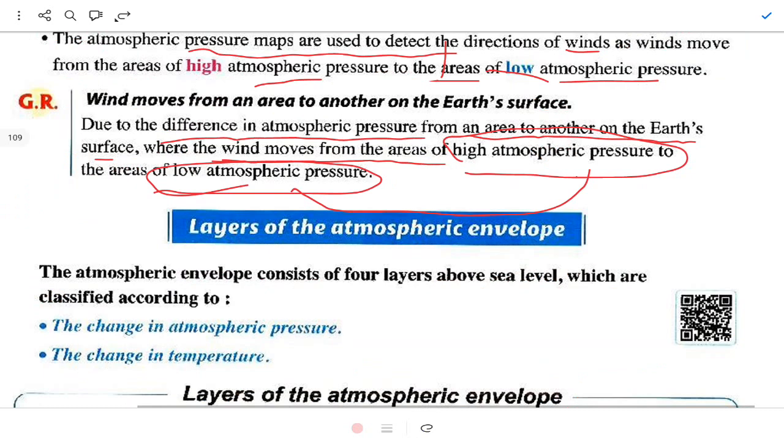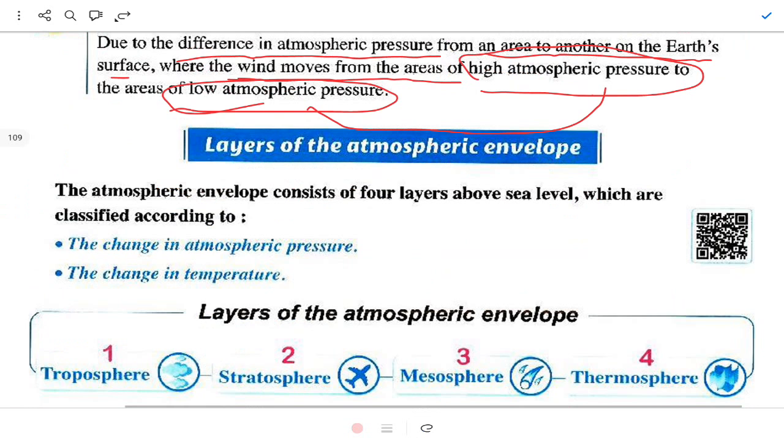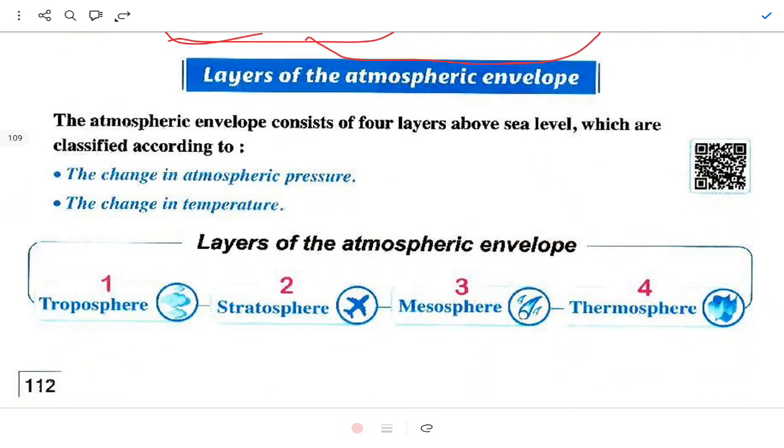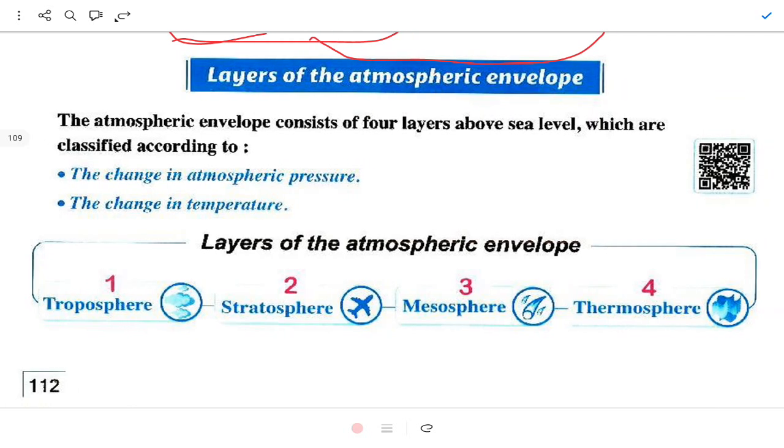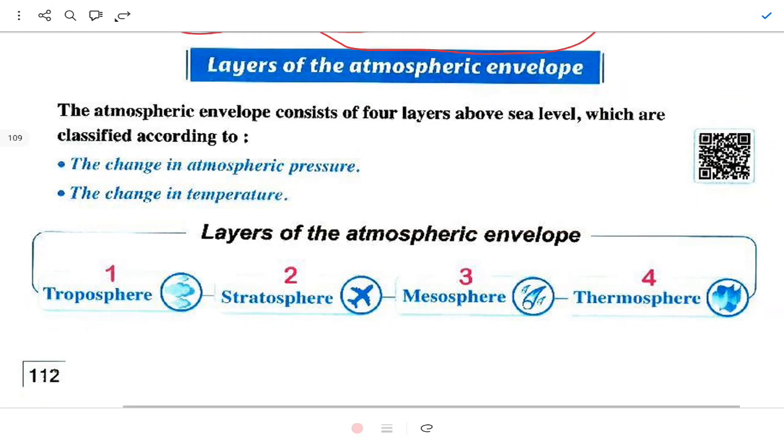And now let's move to an interesting point in our lesson: layers of the atmospheric envelope. The atmospheric envelope consists of 4 layers above sea level, which are classified according to the change in atmospheric pressure and the change in temperature.